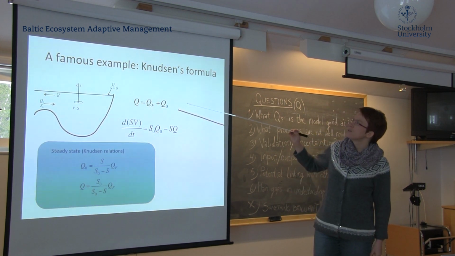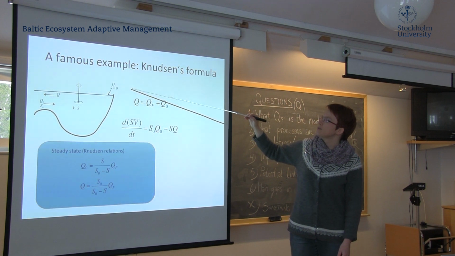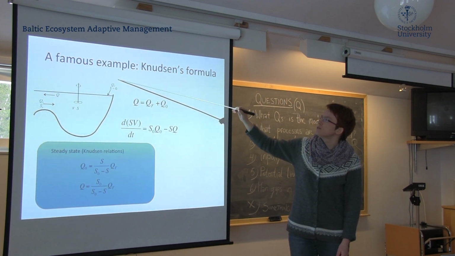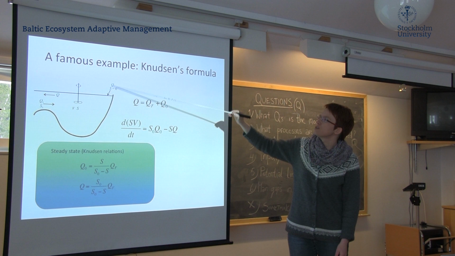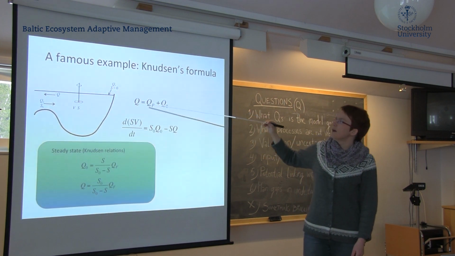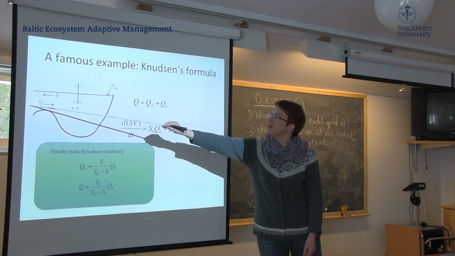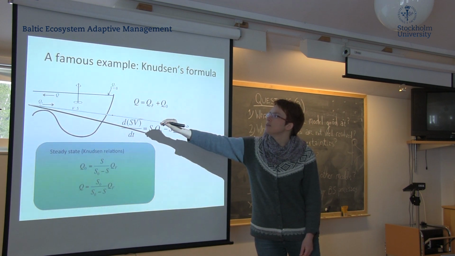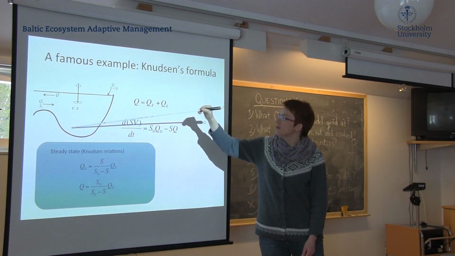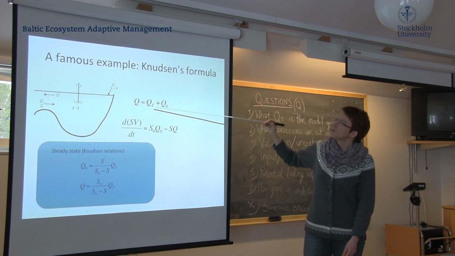where you basically make a salt budget for a system that has a freshwater input and saline inflow in the bottom layer, and you do a mass balance for water.